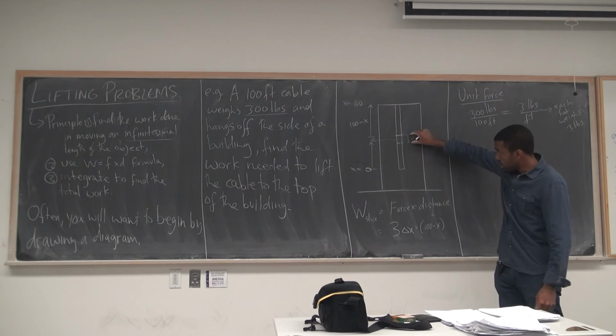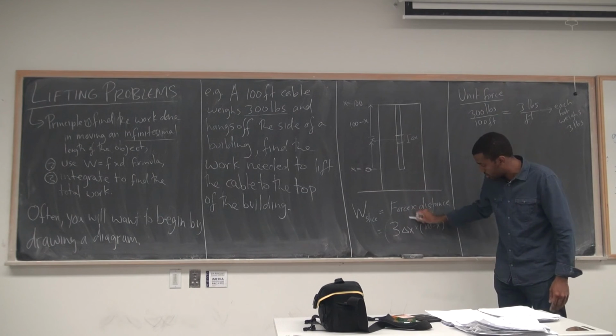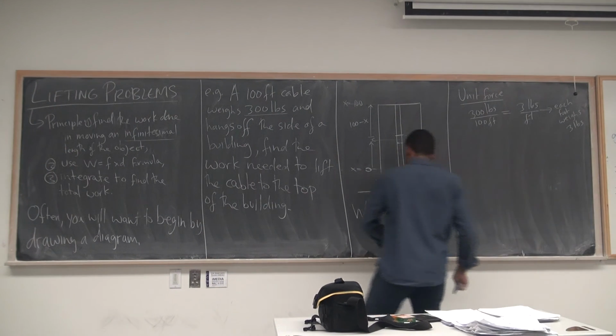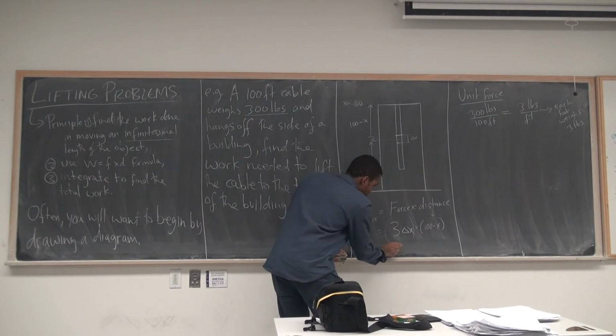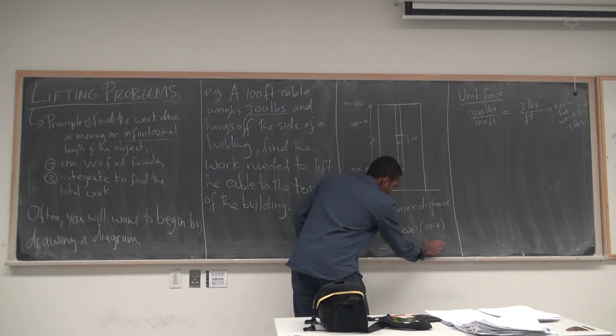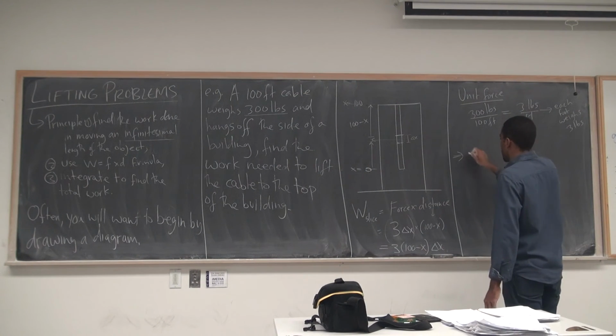Here I have a length of delta x. Each foot weighs 3 pounds, so the force exerted is 3 delta x. So now my work I can write as 3 times 100 minus x, delta x. So now, what does the total work look like?